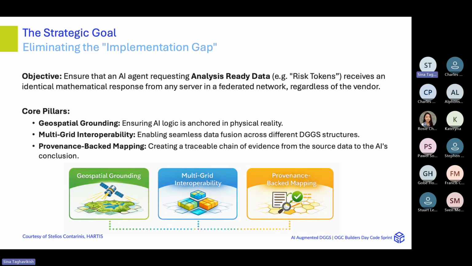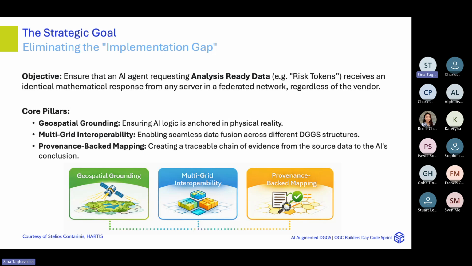We identified some core pillars for it. The geospatial grounding that I already mentioned, we touched on, ensures that the AI logic is actually anchored in physical reality. There should be multi-grid interoperability, because so many grids exist and data providers might choose different grids based on their specs.